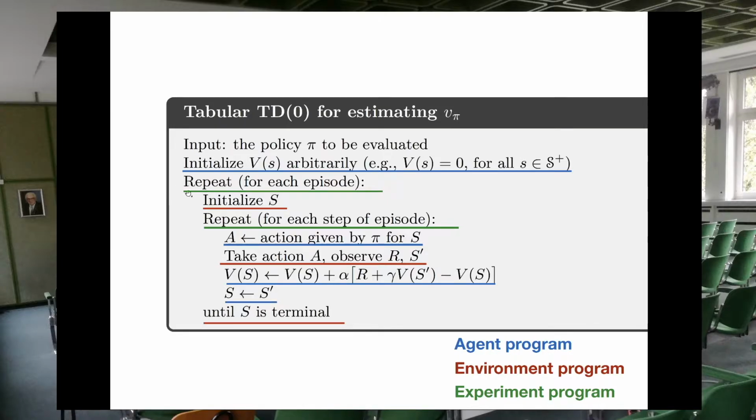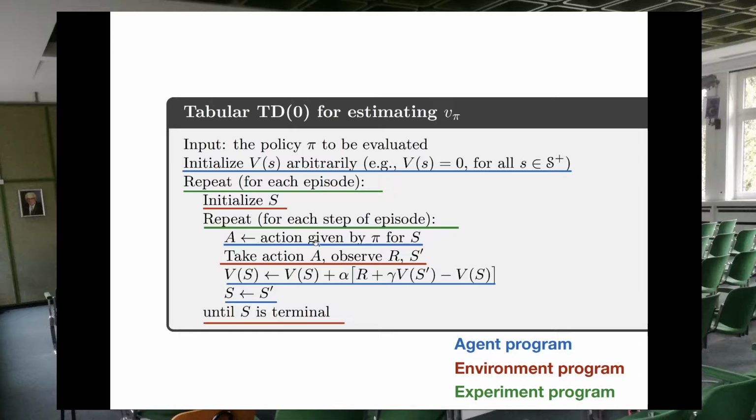Then we have a main loop here, which says repeat for each episode. You initialize the state. Then you repeat for each of the steps in the episode. Each step means each of the actions that you will execute during an episode.